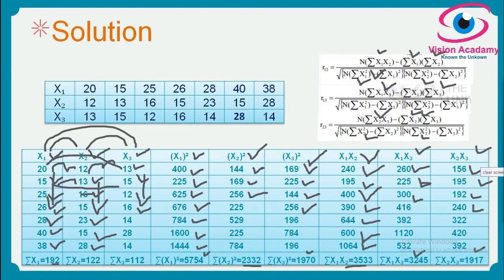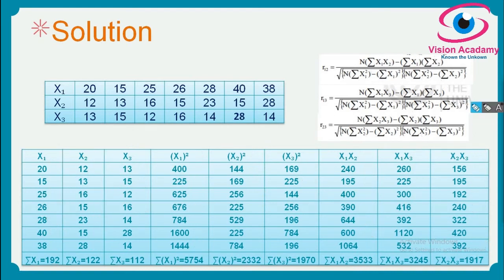So in this way, we have calculated all the required things: summation x1, x2, x3, summation x1 square, x2 square, x3 square, summation x1 x2, x1 x3, and x2 x3. So now we are handy with all the data to apply the zero order correlation.